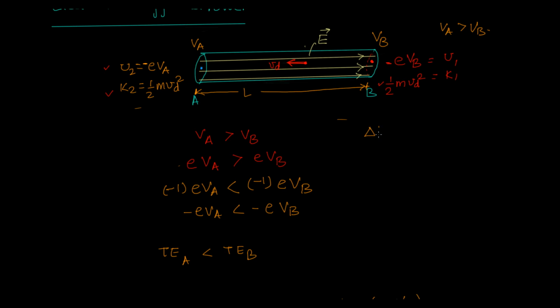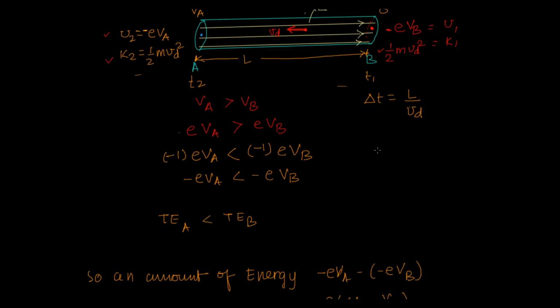So delta T is nothing but L divided by Vd. Distance upon speed is equal to time. Why delta T, why not T? You can say that's the time difference. You started here at T1 and ended up here at T2, so T2 minus T1 is termed delta T. There is another relationship that you should understand.